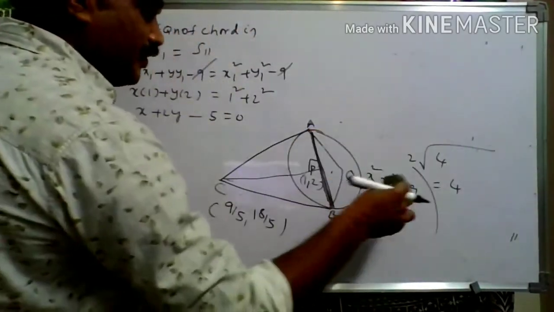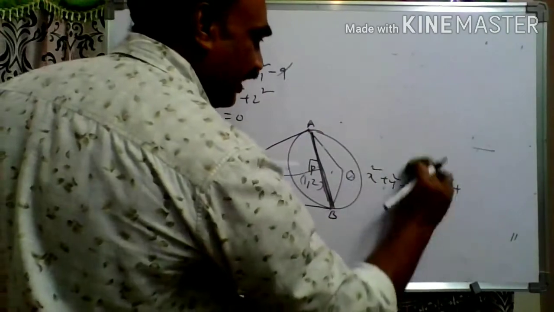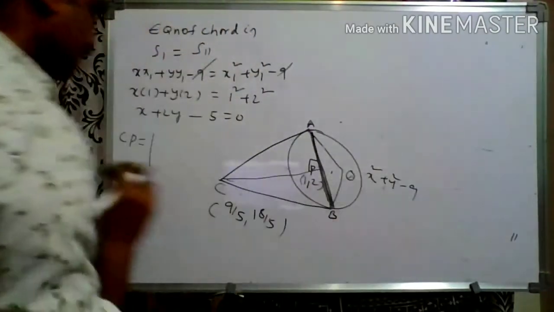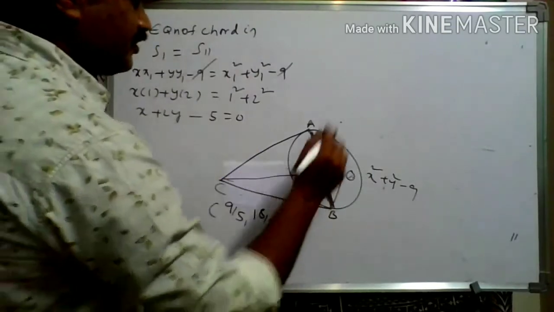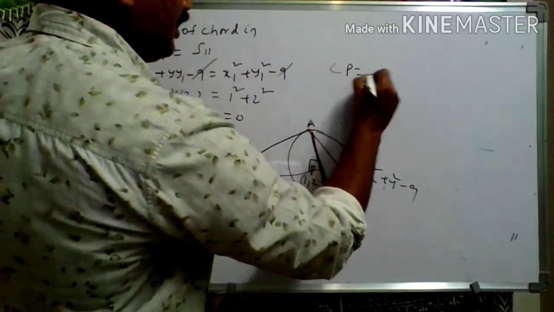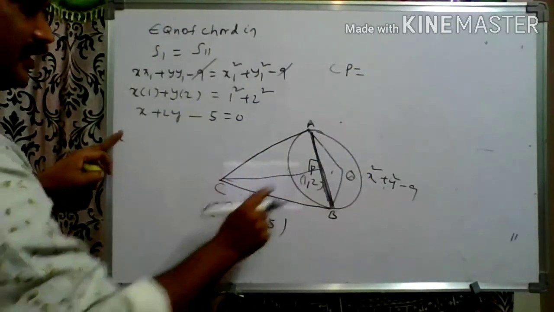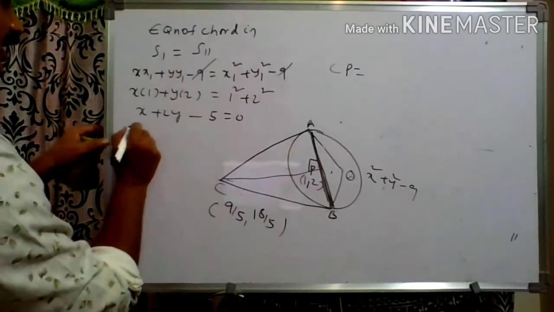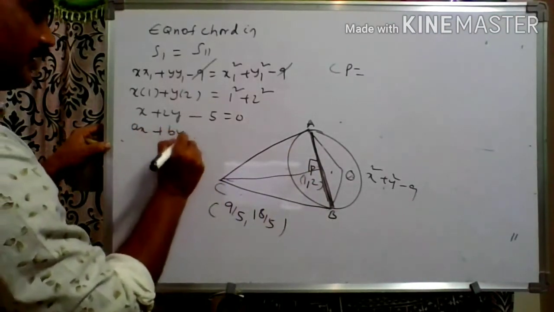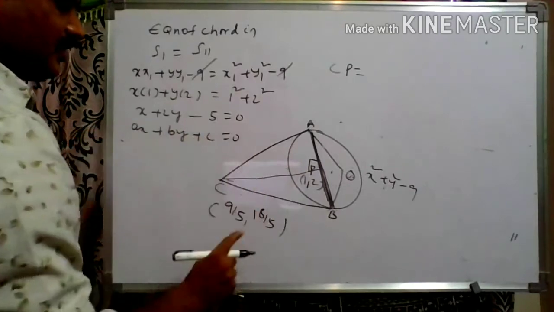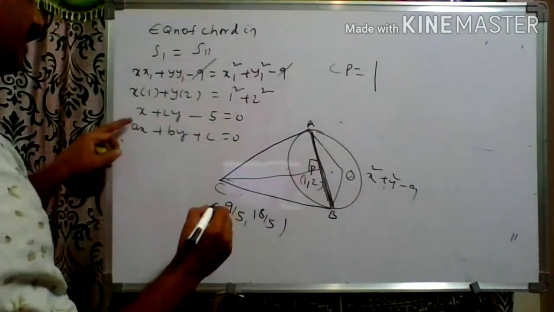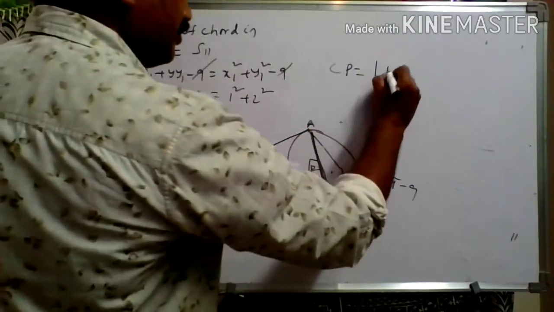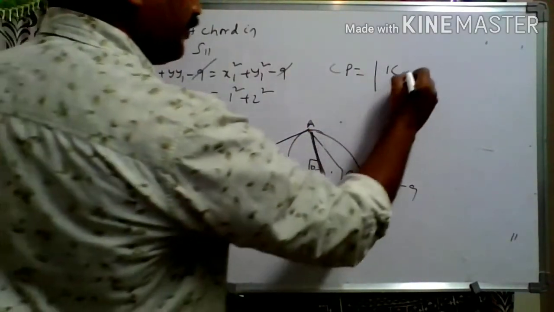Here the base is 4, and first we calculate the height. What is a, students? 1, into x1 which is 9 by 5.